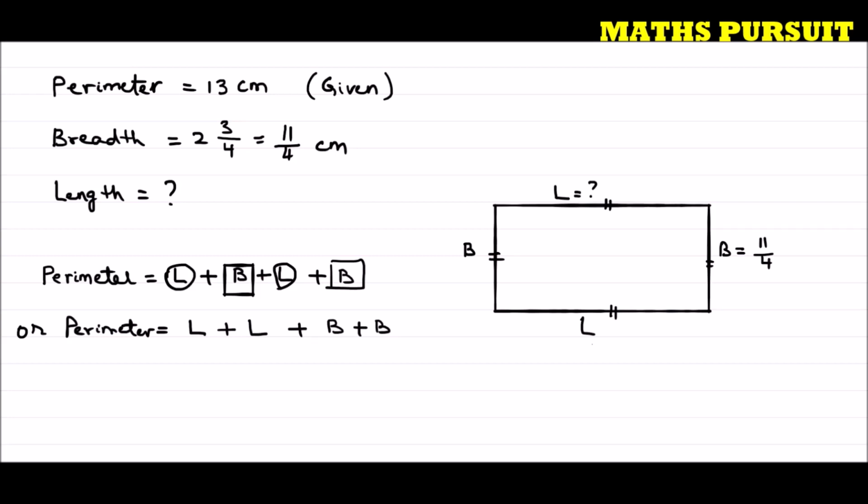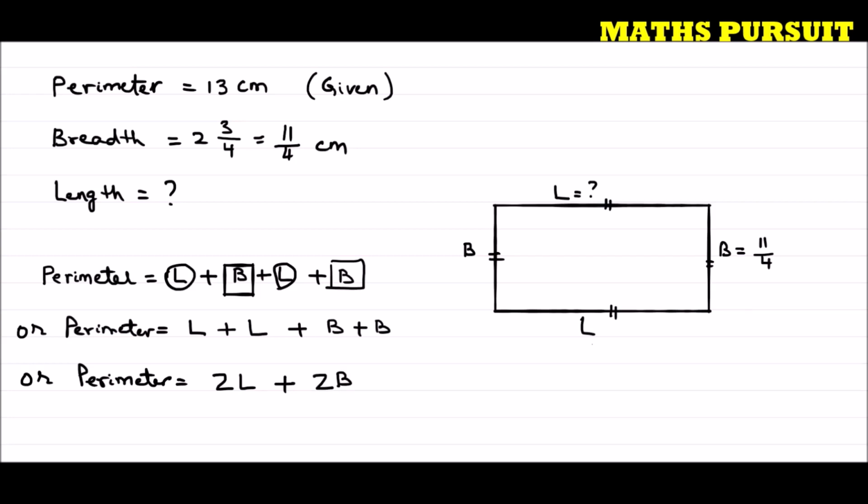What we got now? Perimeter is equal to L plus L plus B plus B. Or I can write, perimeter is equal to L plus L is nothing but 2L, plus B plus B is nothing but 2 breadth.